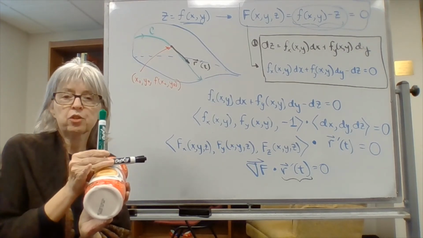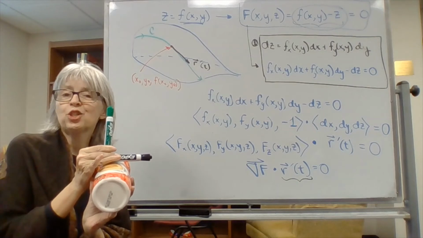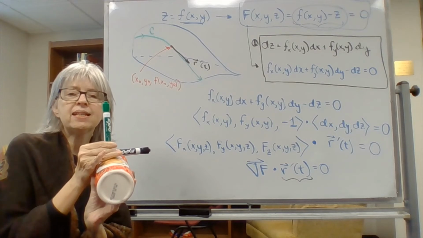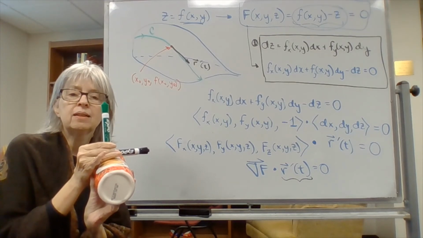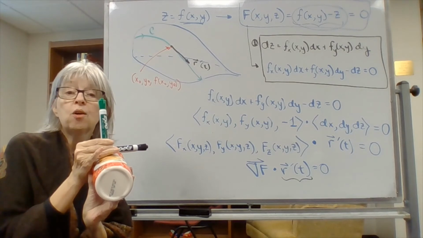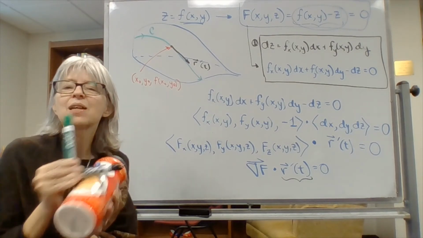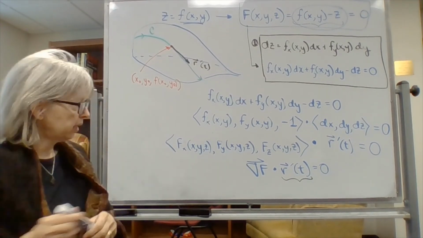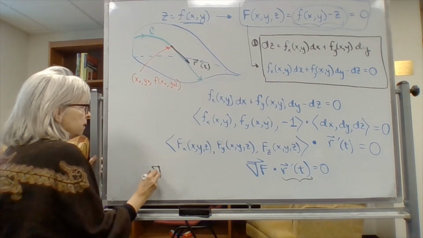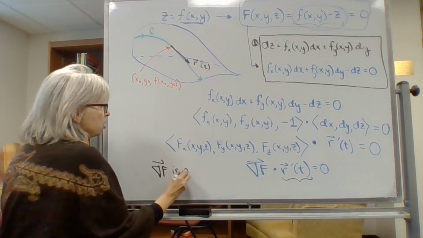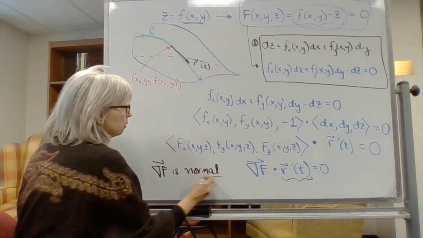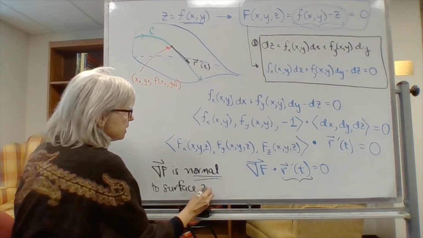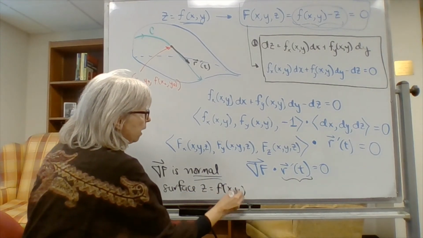But that tangent vector is tangent to my surface, which means my gradient of this big F is orthogonal to the surface, except we don't use that word orthogonal when we're talking about vectors mixed with other things. The gradient of big F is normal to the surface z equals f of x, y.